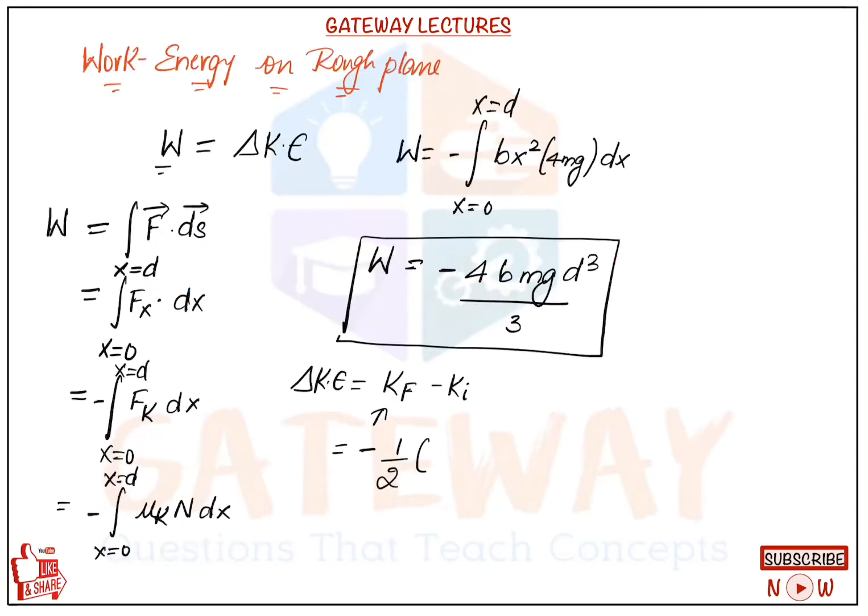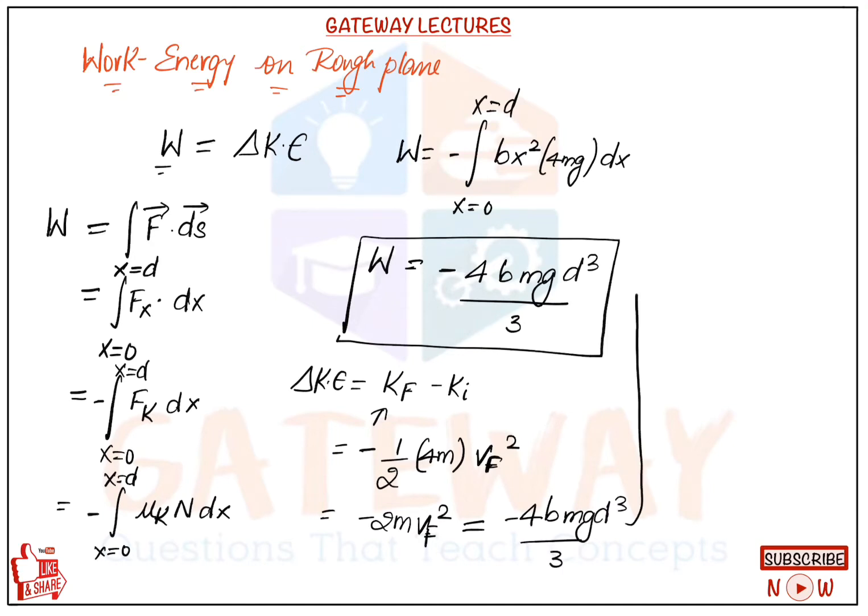At x equal to 0, the mass 4m starts moving with velocity vf, so minus half into 4m vf squared, which is minus 2m vf squared, and this should be equal to minus 4 b m g d cubed upon 3.